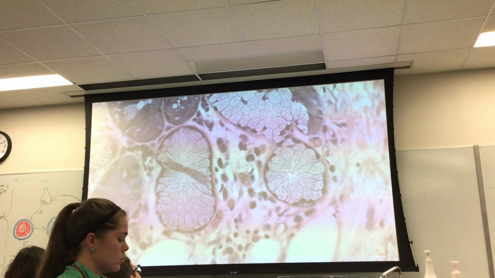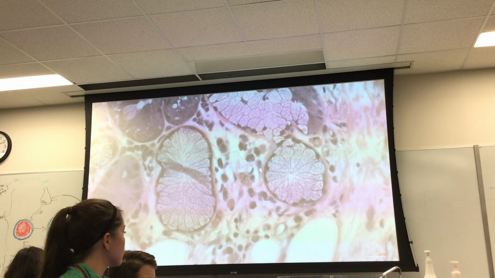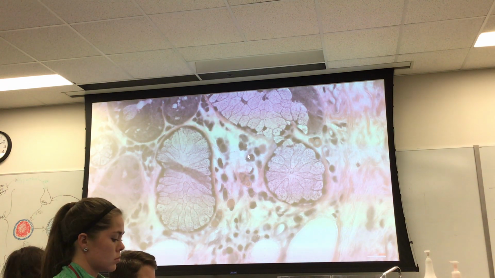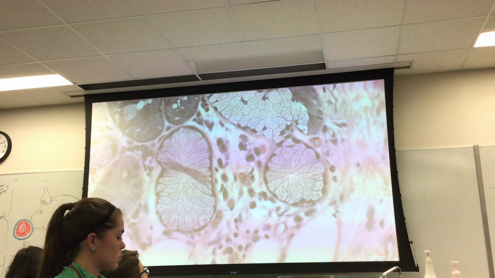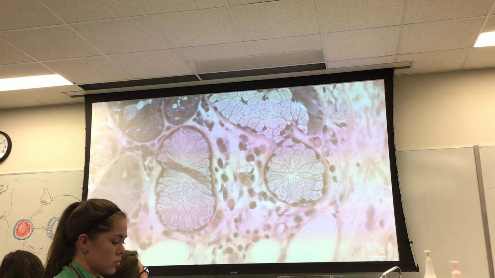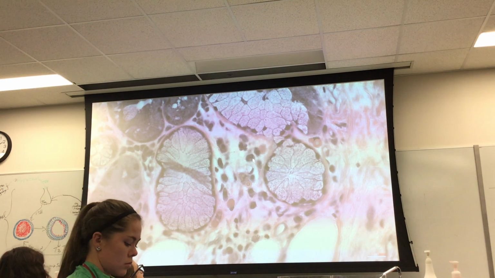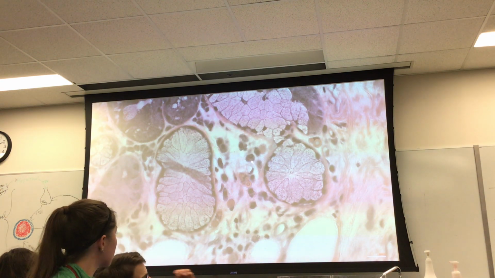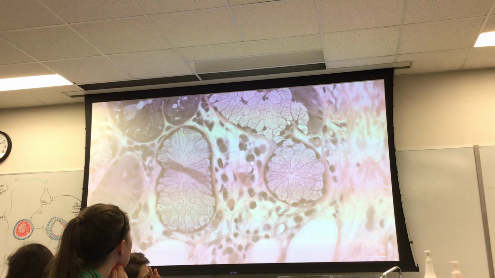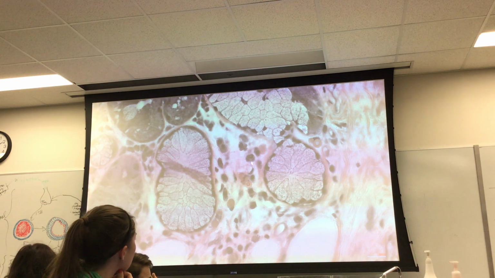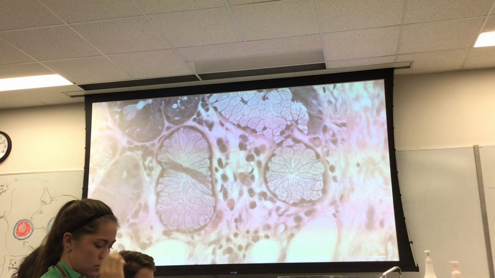Okay, now, having said that, you probably can't see this, but here's a cell right here. I'm not gonna go to oil immersion, but I don't know if you can see just the little light area. There's like this little halo right here next to the nucleus. Does that help? Remember those connective tissue cells? That's called a plasma cell.